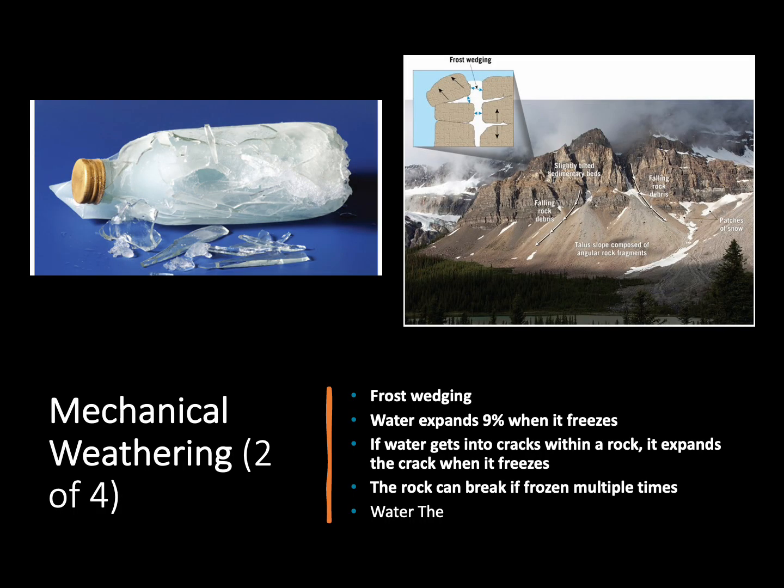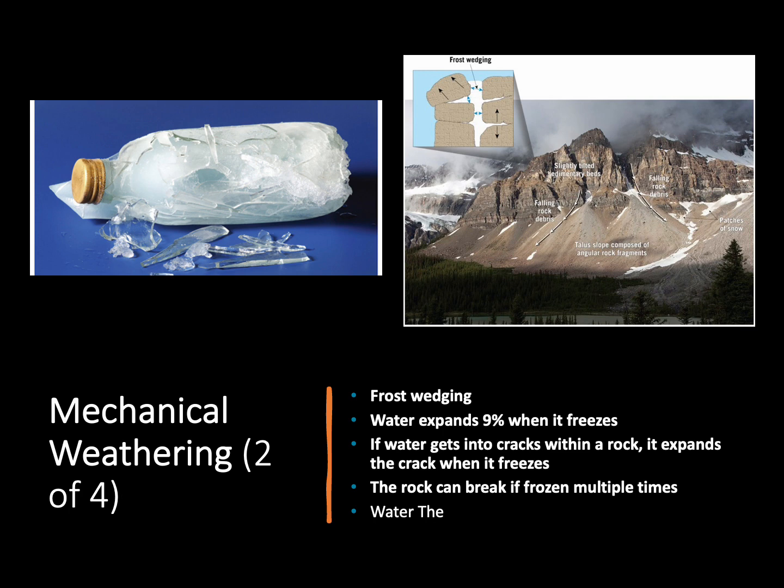Another type of mechanical weathering that we commonly see is something called frost wedging. And this is something that happens when liquid water gets inside of a crack or some kind of hole and then freezes into solid ice. Water is kind of weird. It's one of the few fluids on our planet that actually expands when it freezes. Most other fluids actually condense when they freeze, but water expands by about 9%.